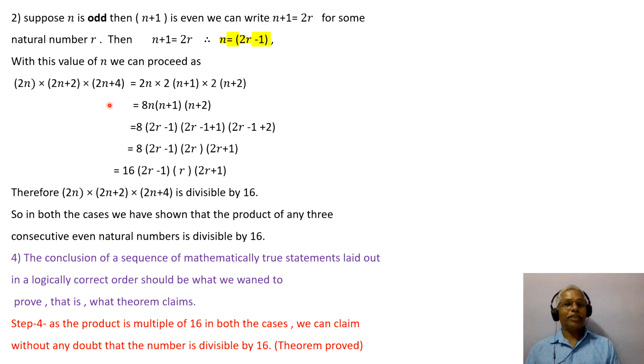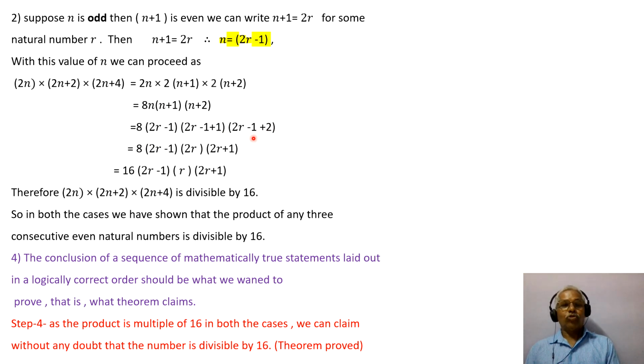As in the last slide, 2n into 2n plus 2 into 2n plus 4 will be equal to, taking 2 common in the brackets, 2n into 2 into n plus 1 into 2 into n plus 2, which is equal to 8 into n plus 1 into n plus 2. Now we substitute the value of n: 8 into 2r minus 1 plus 1 and 2r minus 1 plus 2.